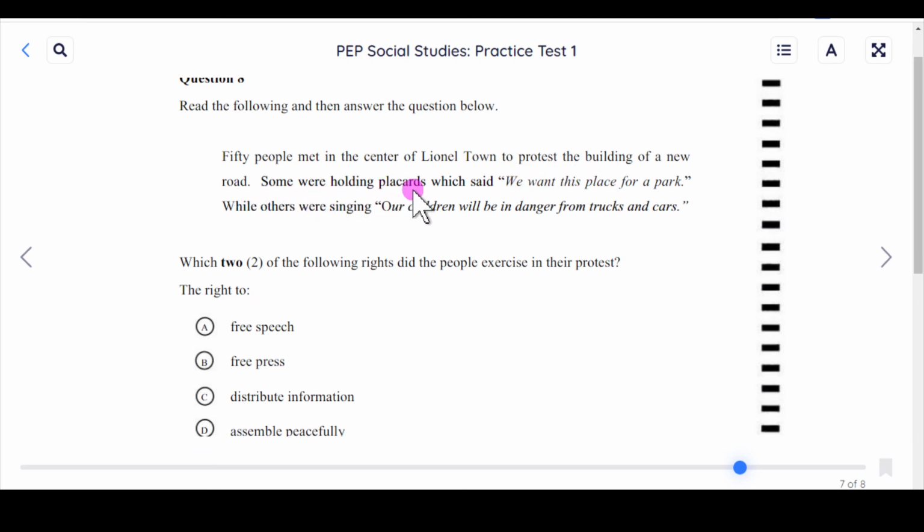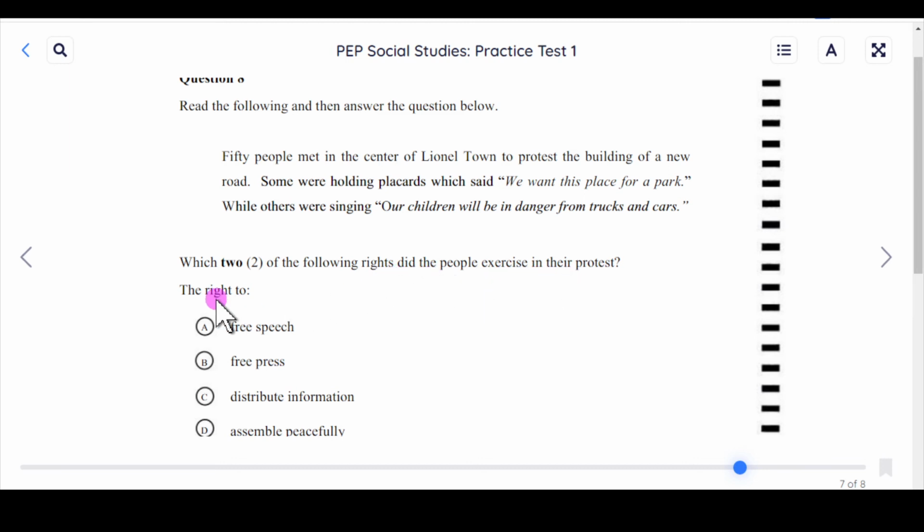Some were holding placards, you know, the cardboard that people write on when they're demonstrating, placards which said, "We want this place for a park," while others were singing, "Our children will be in danger from trucks and cars." All right, so let me just read the question here and the responses and then read it over so you know. Which two of the following rights did the people exercise in their protest?